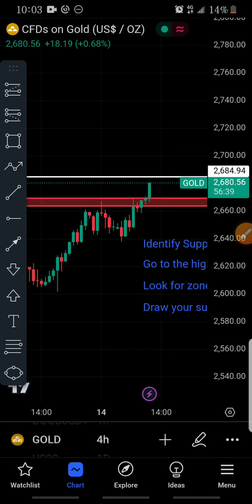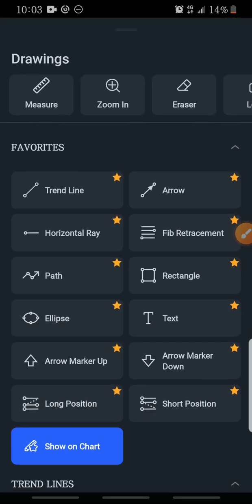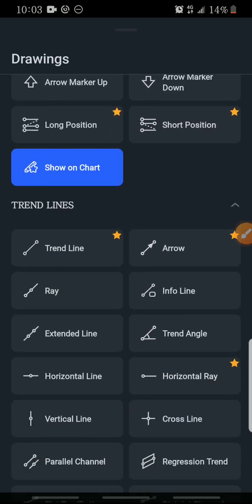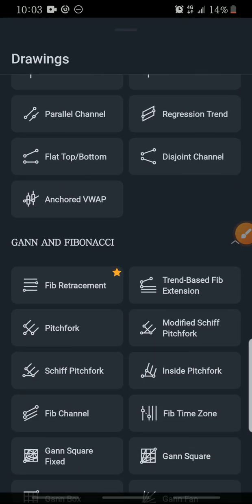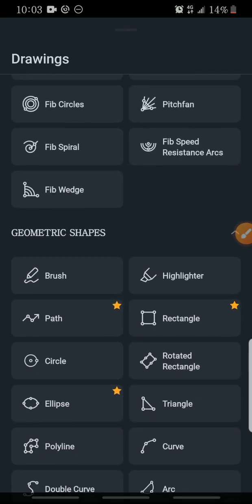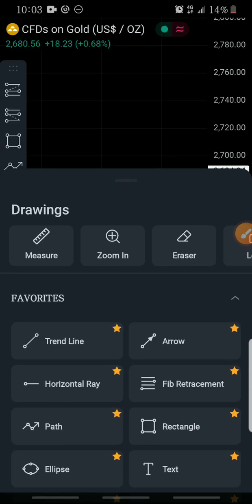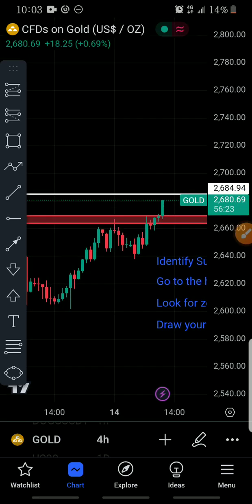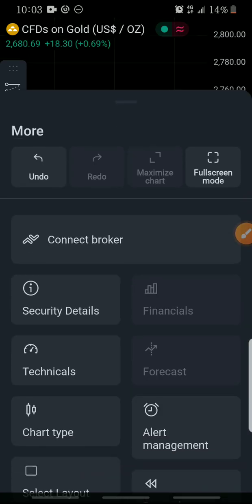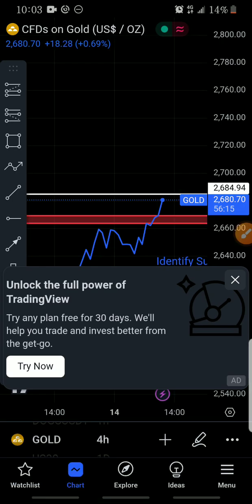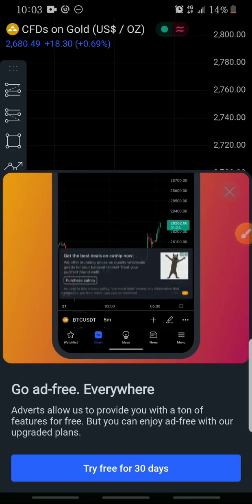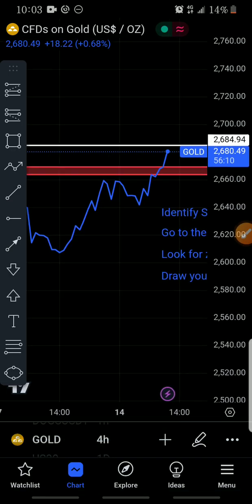Change the chart type to line type. So I've changed mine to line type.